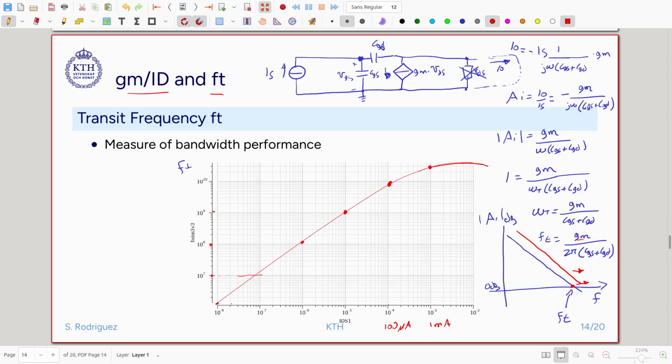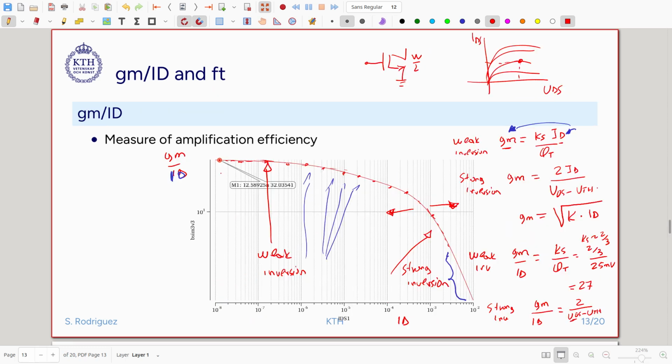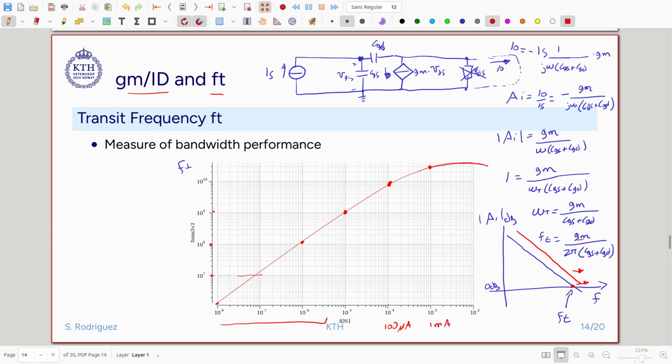However, in the lower part of this curve we have very low performance in frequency, so it may be that we cannot work in the lower part. So then we will be forced to move ourselves in this curve somewhere a little bit higher until we match the performance that we need in our circuits.